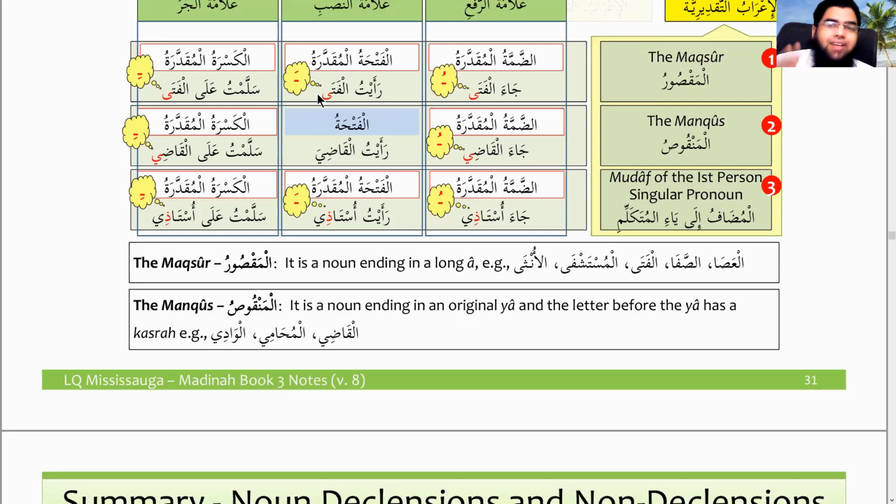Okay. In a perfect world scenario, all nouns should be mu'rab and all verbs should be mabni. But it doesn't happen like that. All nouns should have endings, because with verbs we don't actually need endings to give the meaning. For example, lan comes, lan yaf'ala.